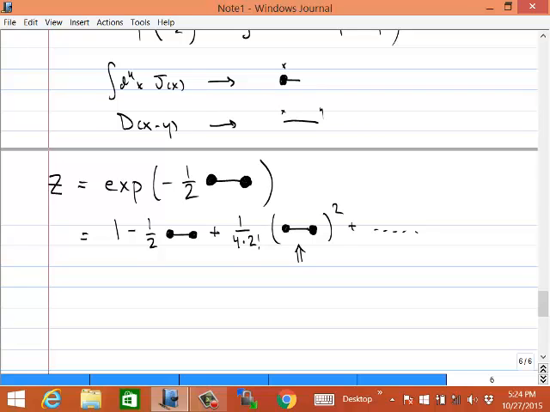I didn't quite have a chance to get to it today, but when we introduce interactions, all that will happen is that we will end up with a more complicated diagrammatic set of rules for describing this generating function in terms of these diagrams.